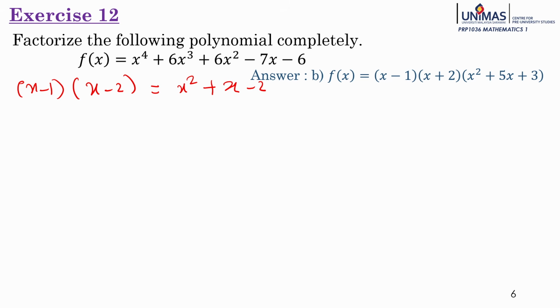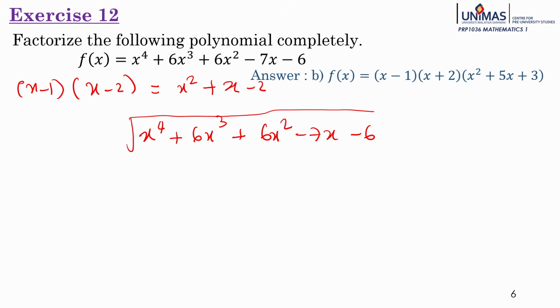So we are using long division: x to the power of 4 plus 6x cubed plus 6x squared minus 7x minus 6, divided by x squared plus x minus 2.